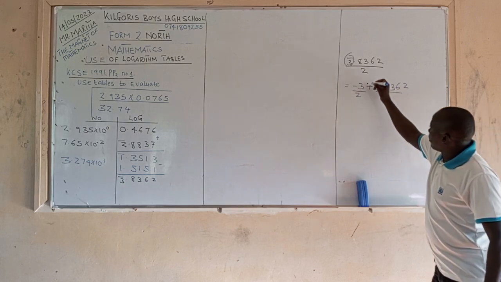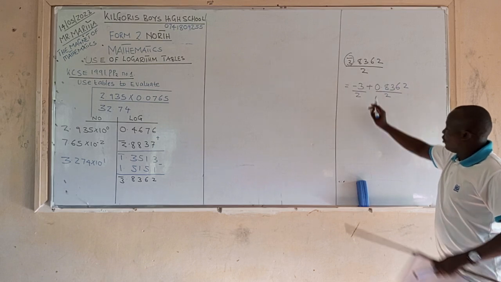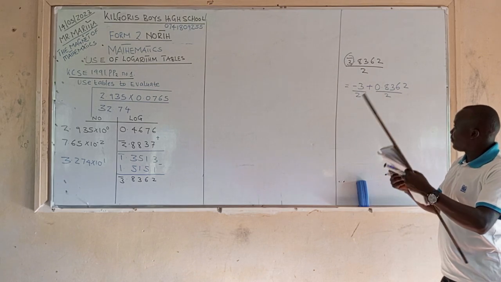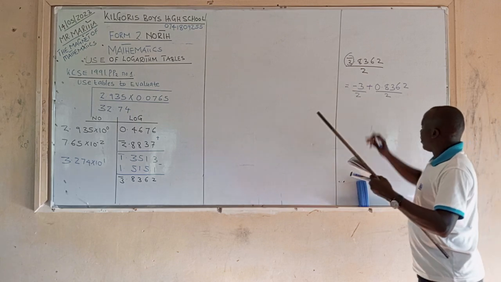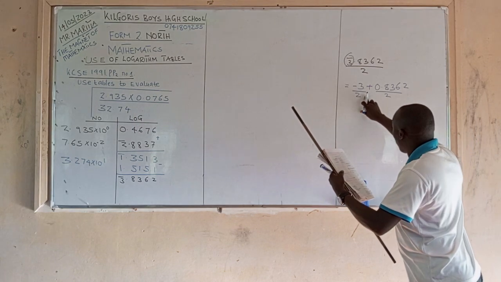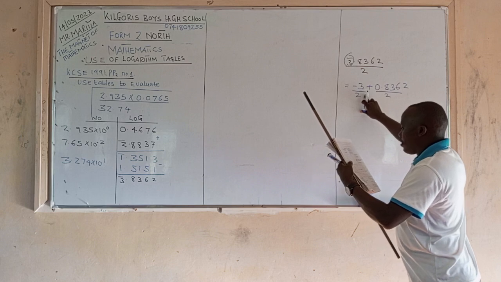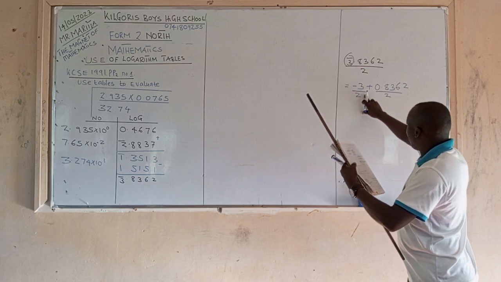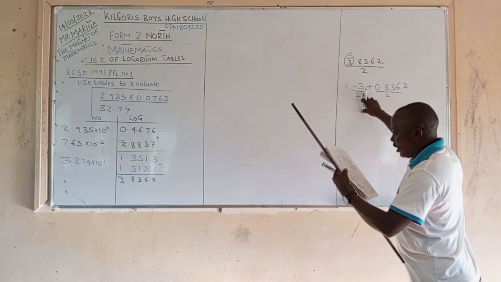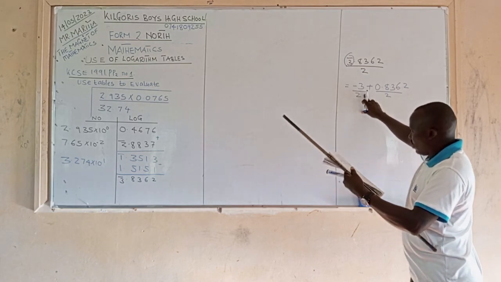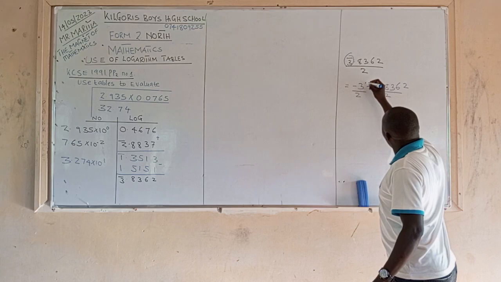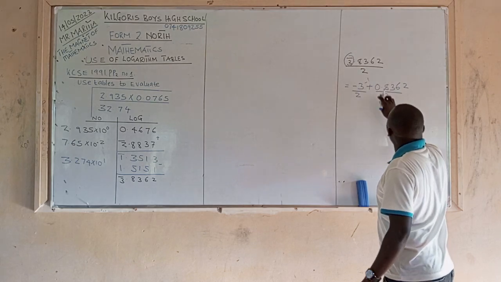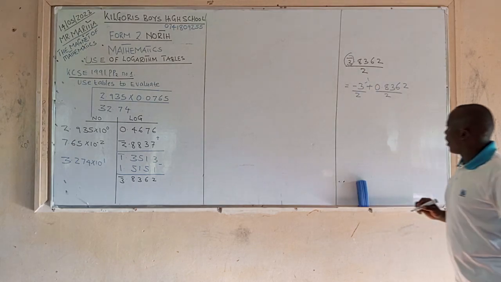So if you start by subtracting 1 from here, we can subtract 1, and that number 1 we add on the other side.